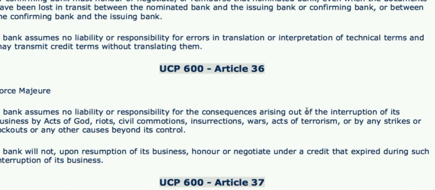Maybe civil unrest, war, acts of terrorism, strikes, lockouts, or any such things. In that condition, the bank assumes no liability or responsibility, because it happens due to reasons beyond its control. So a bank will not, upon resumption of its business, honor or negotiate under a credit that expired during such interruption of its business.